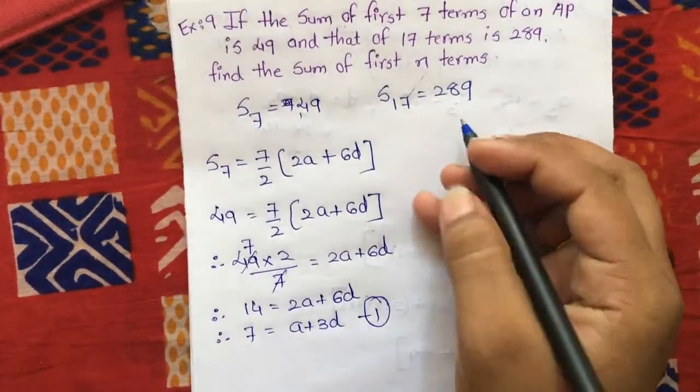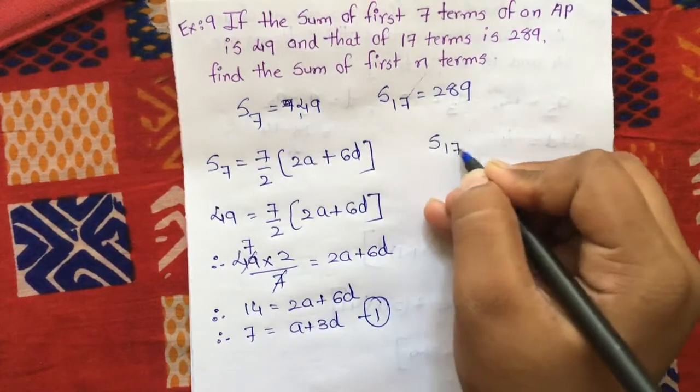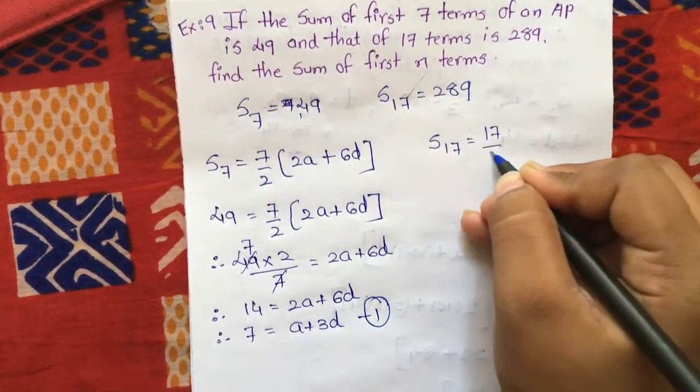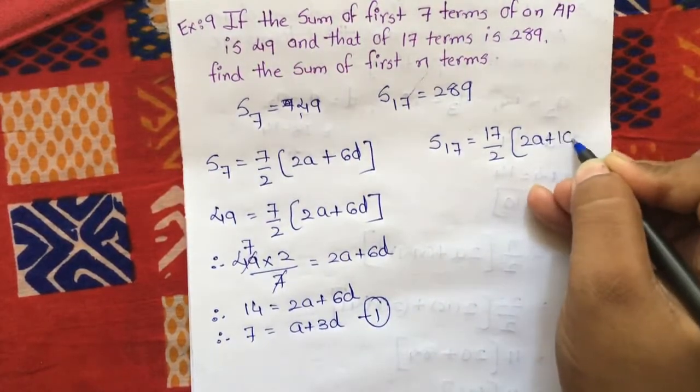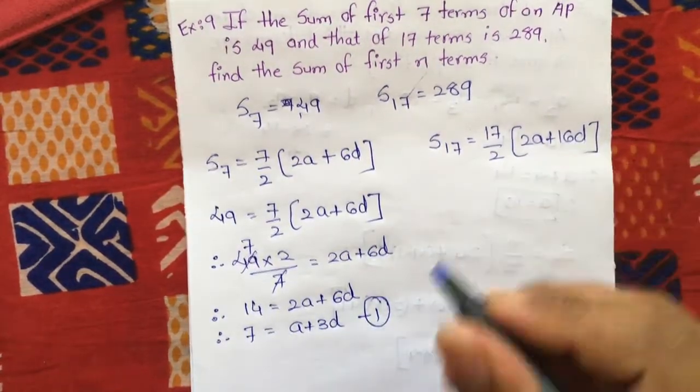Now S17 is equal to 17 divided by 2 into bracket 2a plus 16d, 17 minus 1 into d.